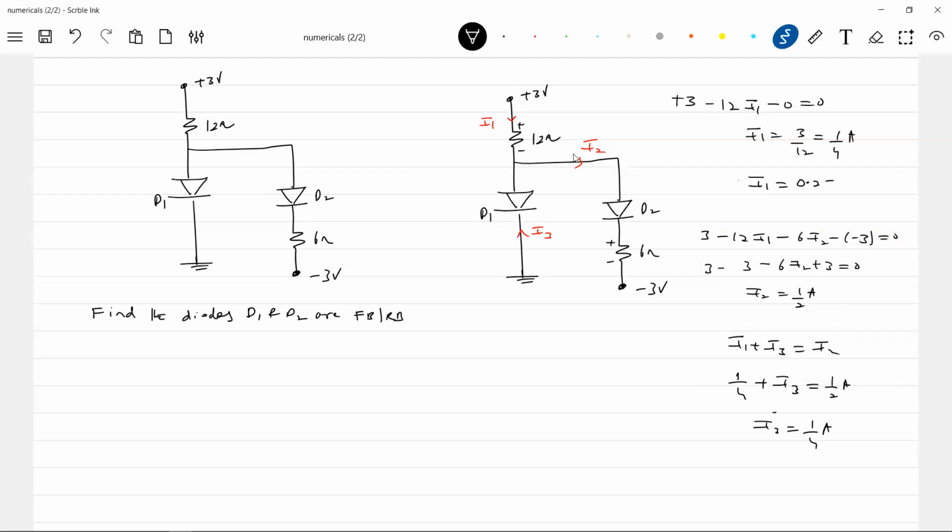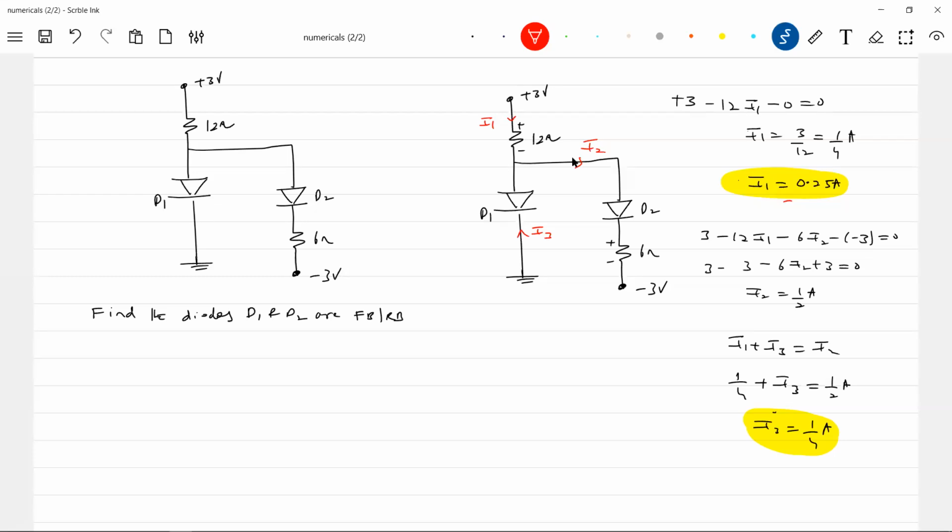Now, I3 equals 1 by 4 ampere. Looking at I2, we got it positive.